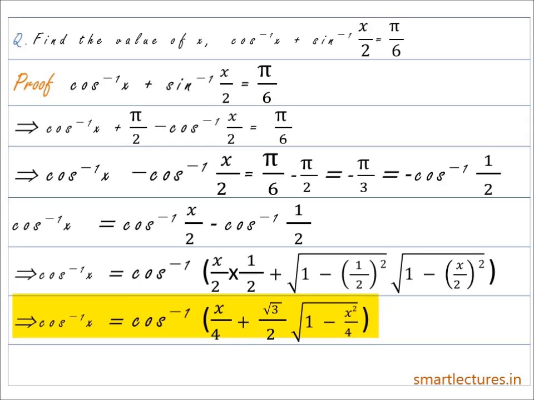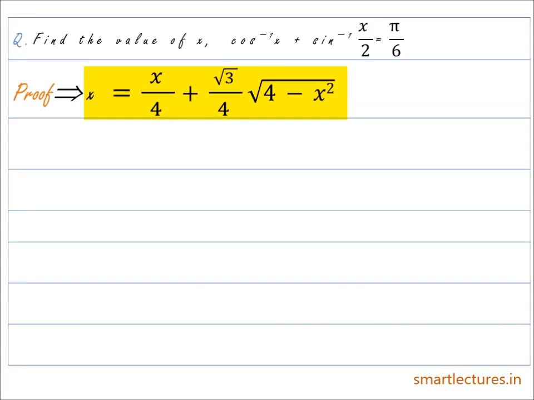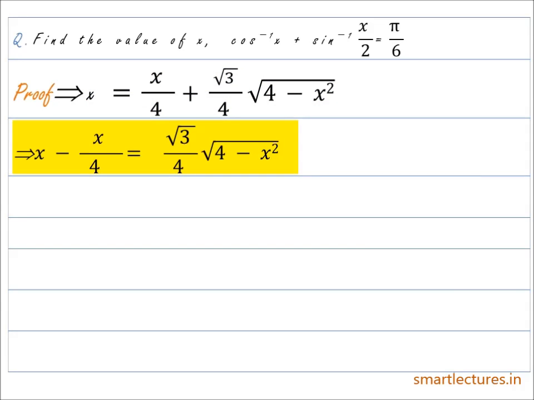And now this is possible if and only if x is equal to x upon 4 plus under root 3 upon 4 into square root of 4 minus x square. And now taking x upon 4 to the left hand side, we have x minus x upon 4 is equal to under root 3 upon 4 into square root of 4 minus x square.